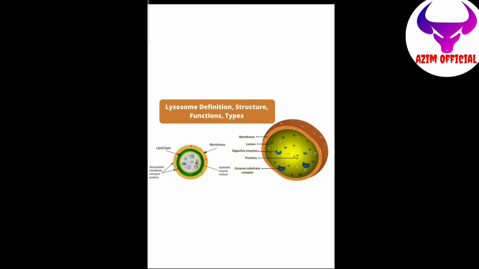Structures, functions, and types of lysosomes. Mainly the lysosome provides an intercellular digestive system. We all have a digestive system in our body, but the cell also needs to digest something. The cell needs to absorb proteins and food products or nutrients, and expel out all those unwanted substances.